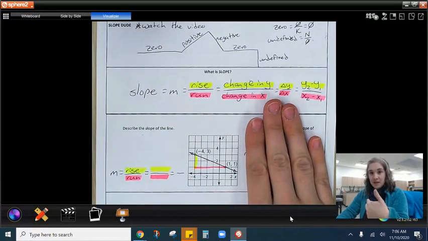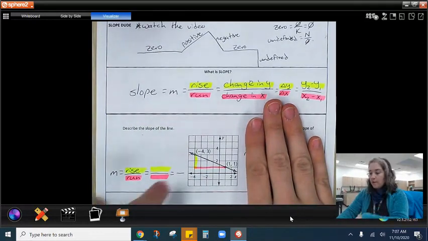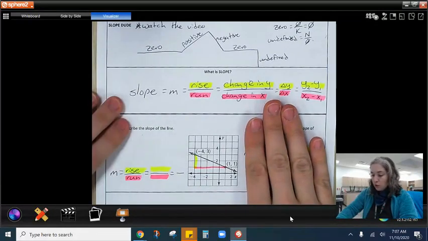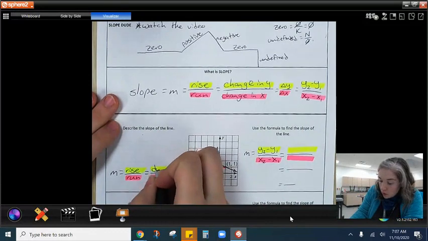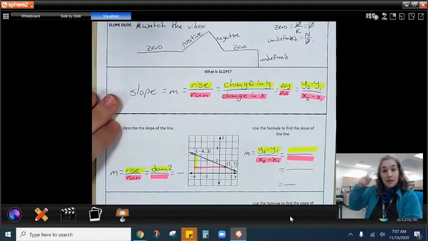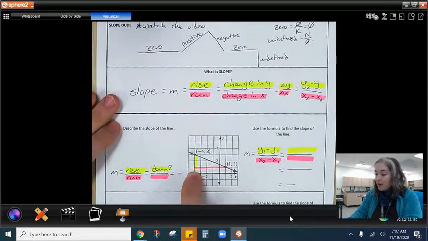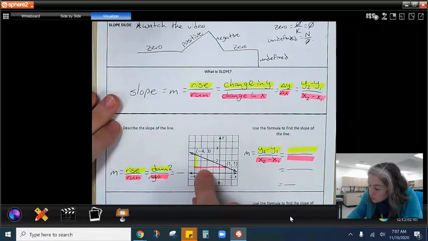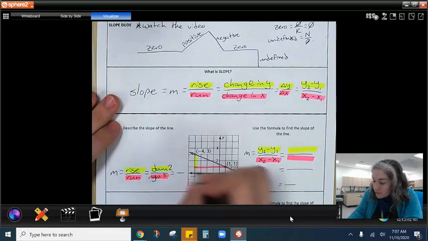And when I describe this, not even caring about what the numbers are, I would say that I am moving down to, always start with your up and down first, no matter which point, start with your up and down. So I'm moving down to, and then I'm going right, 1, 2, 3, 4, 5.